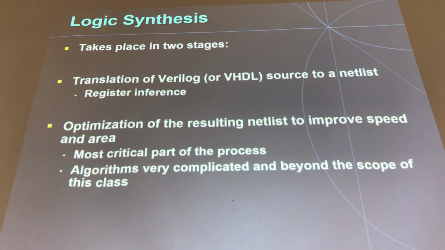Then you have to give the direction or constraint, telling the compiler to make the circuit as small as possible. It's a very critical process. It involves many complicated algorithms, which are not going to be covered in this class.